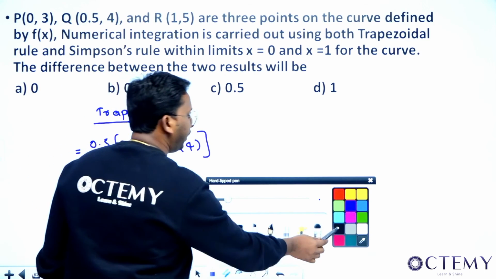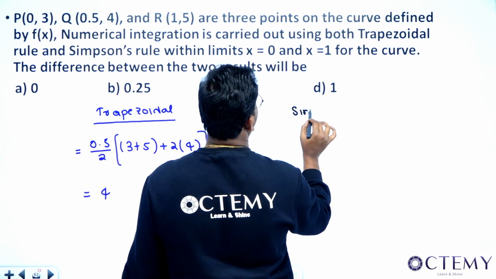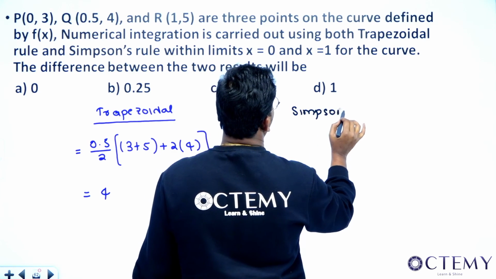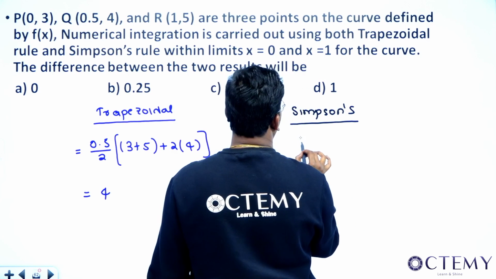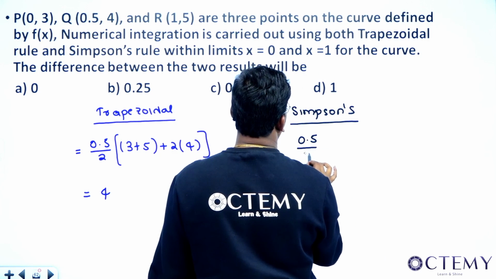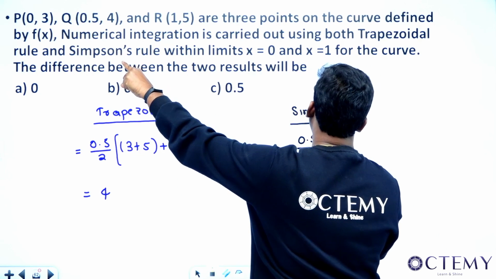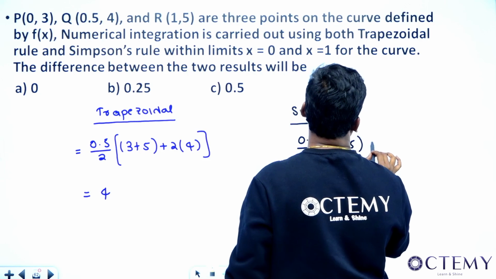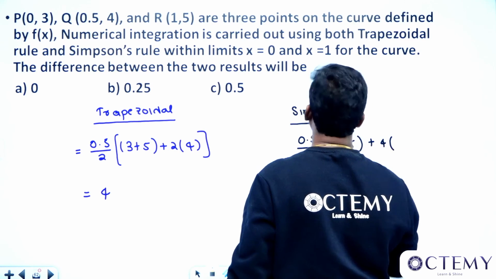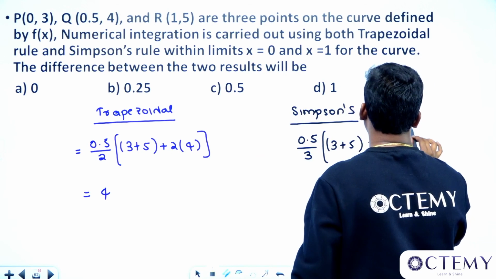Similarly, if I do it using Simpson's, that is Simpson's 1/3. What is h? h is again 0.5, but this time it would be 0.5 by 3. And y0 is 3, plus yn is 5, plus 4 times the middle value, which is 4.